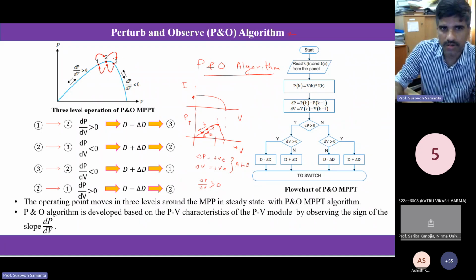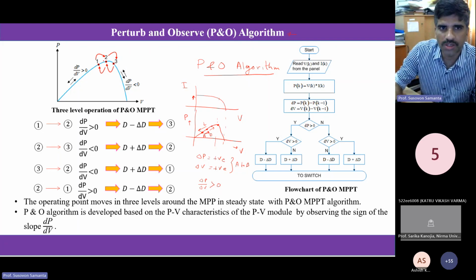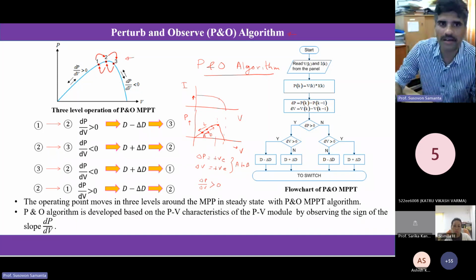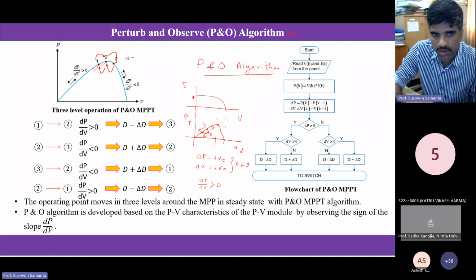With this knowledge, let us now try to see this diagram. Suppose I am at point 1, having reached point 1 from this point. At point 1, we already have del P greater than 0 and del V greater than 0. So we should increase the panel voltage, and we move to point 2.